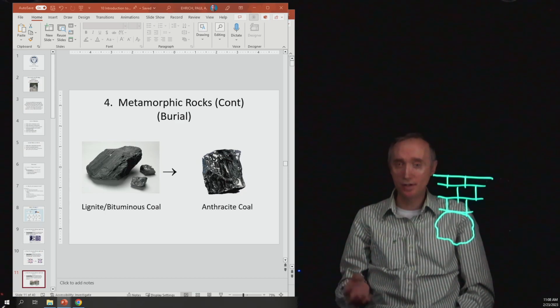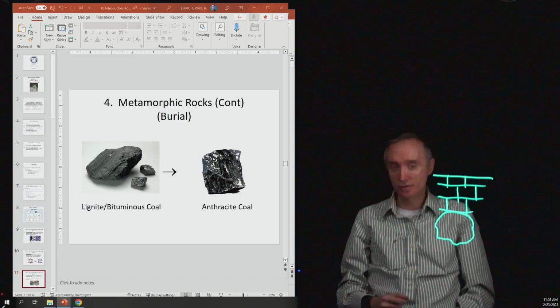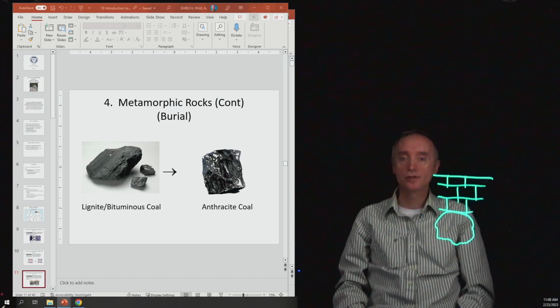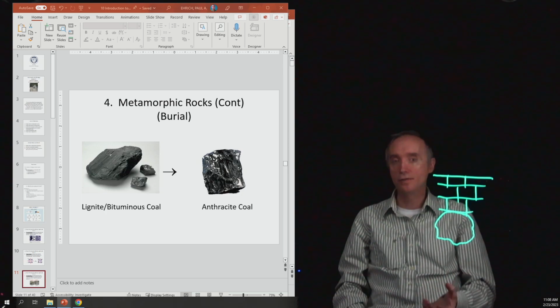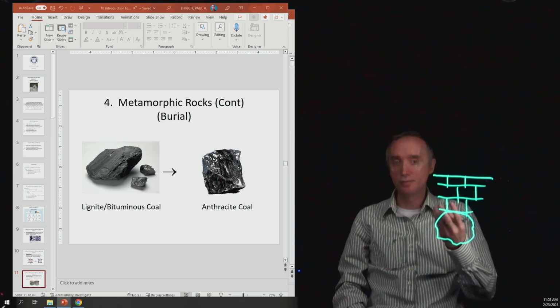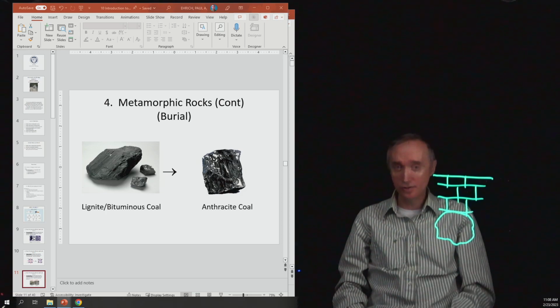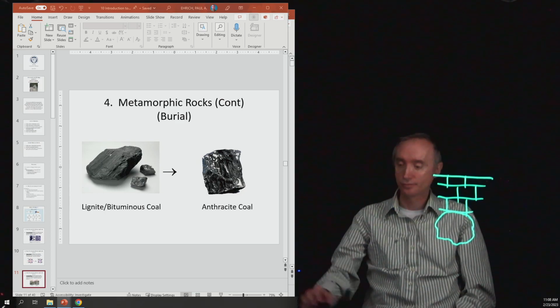So if you continue to heat the bituminous coal, it will metamorphose into anthracite coal. And you'll notice that one of the distinguishing characteristics of anthracite coal is it's much harder than the bituminous or the lignite coal. And you'll also notice it's kind of shiny. So those are some ways of telling if you've got anthracite coal on your hands.